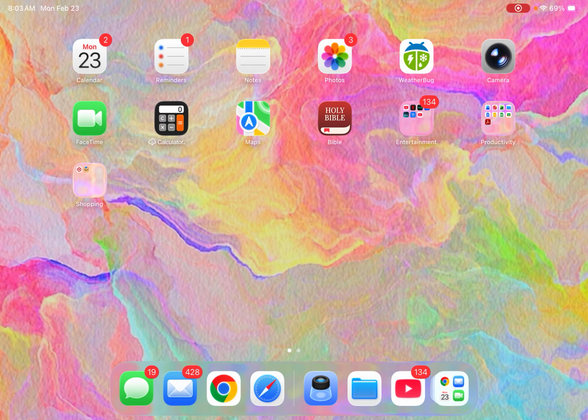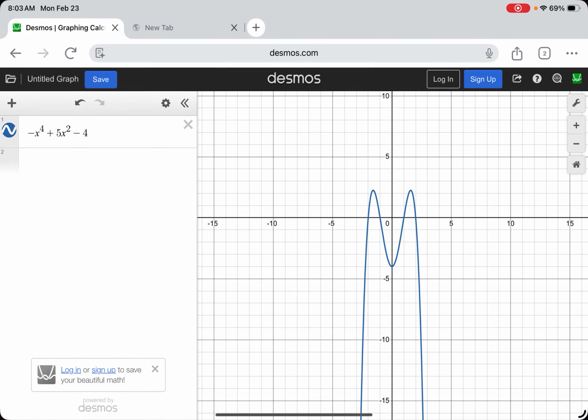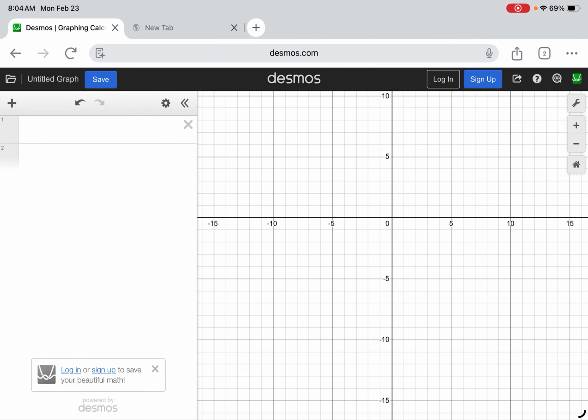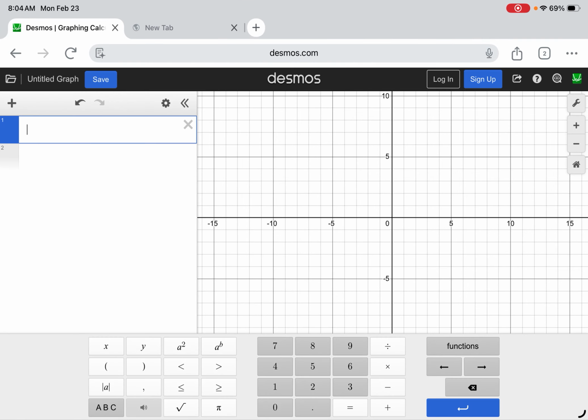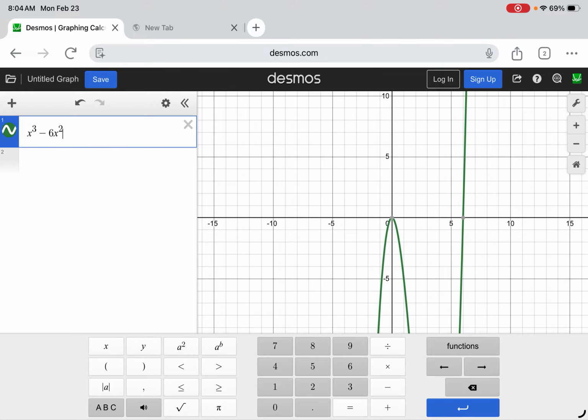So let's go and graph this in Desmos and see what it looks like. So if we type in our equation, x to the third minus 6x squared plus 9x.